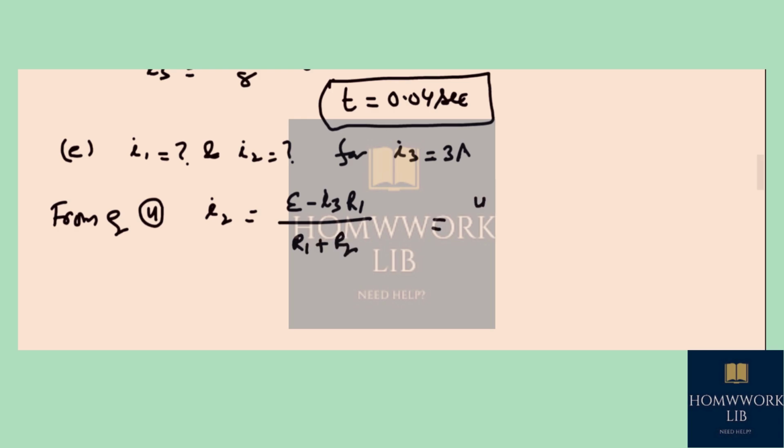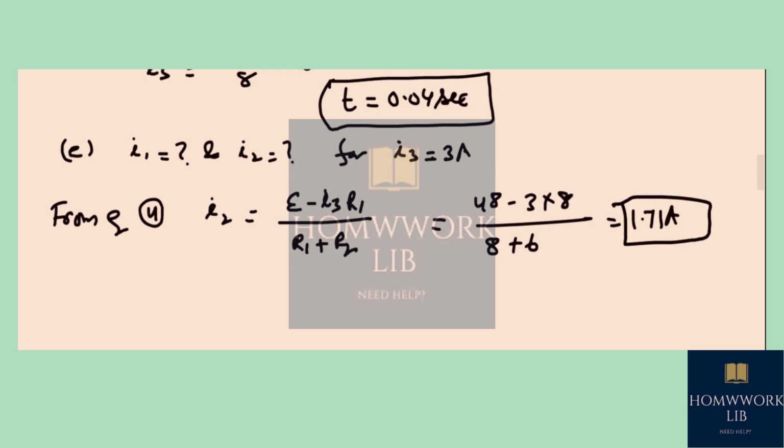So you will get 48 minus 3 into 8 upon 8 plus 6, that is 1.71 ampere. Now by the equation, I1 is equal to I2 plus I3. I2 is 1.71 ampere plus 3 ampere, so you will get 4.71 ampere.